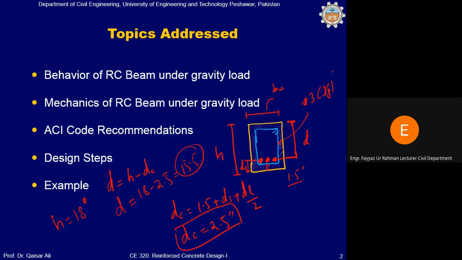Or if the dia of stirrup and dia of longitudinal bar are known to you, then exactly you can calculate this DC from this equation, and subtracting this DC from H, you will calculate the effective depth D.